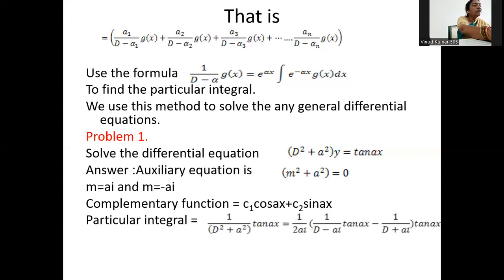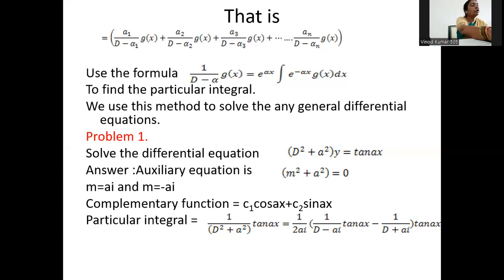Therefore, the complementary function, the solution of (D square plus a square) on y equal to 0, is equal to e to the power of 0 into x into (c1 cos ax plus c2 sin ax), or c1 cos ax plus c2 sin ax.